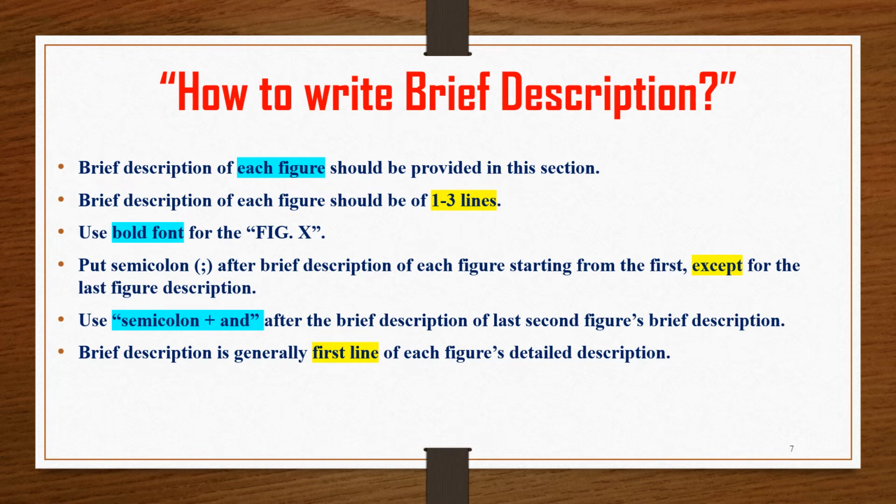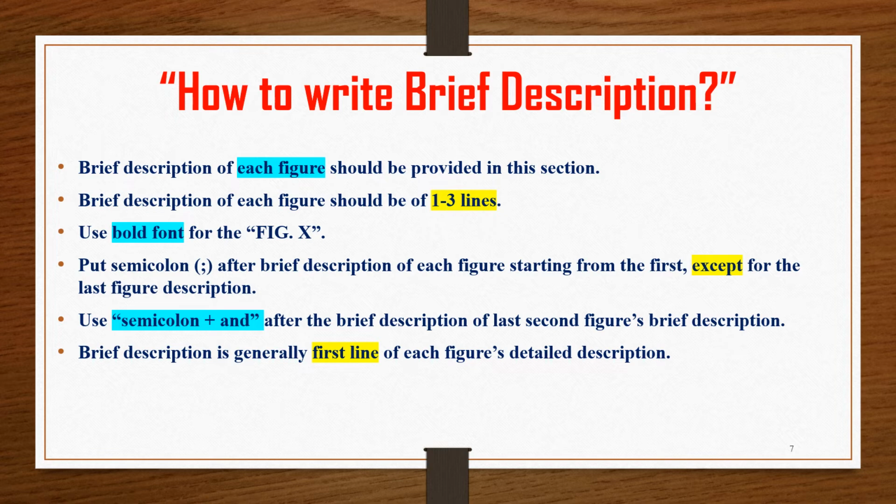Okay. The next point is, put semicolon mark, or the punctuation mark. So we can say put semicolon after brief description of each figure starting from the first, except for the last figure description, because this is the finishing point. Okay. The next point, use semicolon plus and.